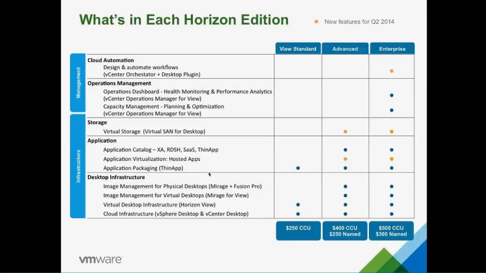So we can see here that inside of Standard, like I said, keeping it pretty simple, very straightforward. Horizon View Standard will include Horizon View, right, to stand up the virtual desktop infrastructure. And you all heard me say this before, I'll say it again, Horizon View is probably by far the easiest virtual desktop infrastructure in the world to stand up, okay?